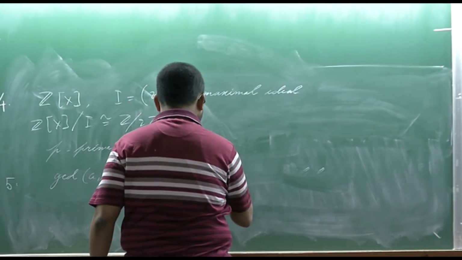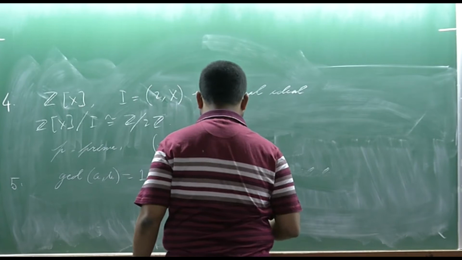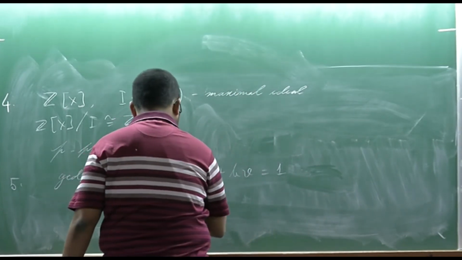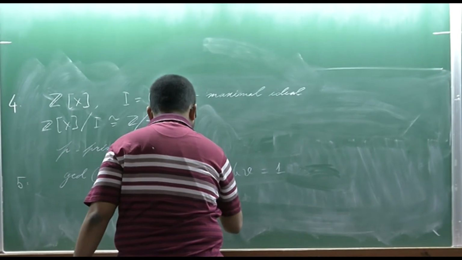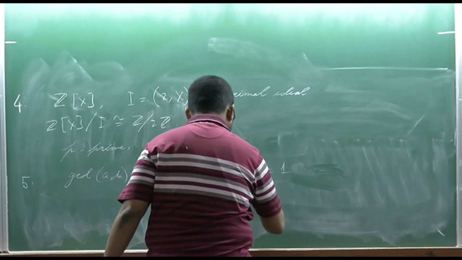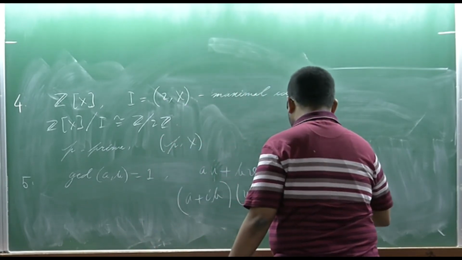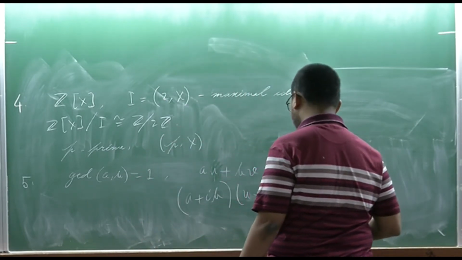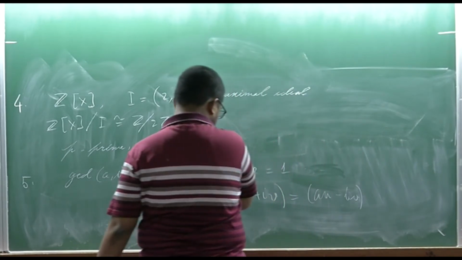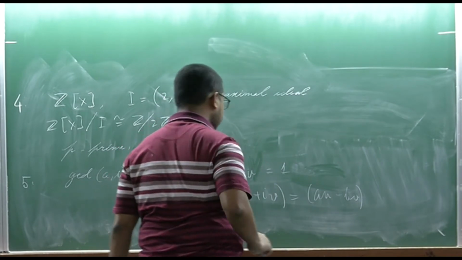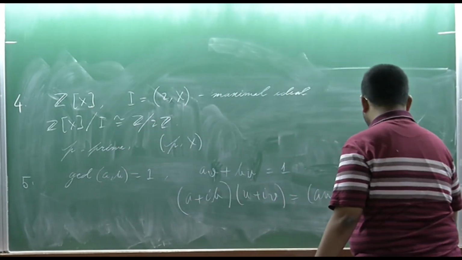We know that there exist integers u and v such that au plus bv is 1, right. So, that immediately shows that a plus ib times u plus iv is nothing but au minus bv. Maybe I should take v and u in this manner, plus i.